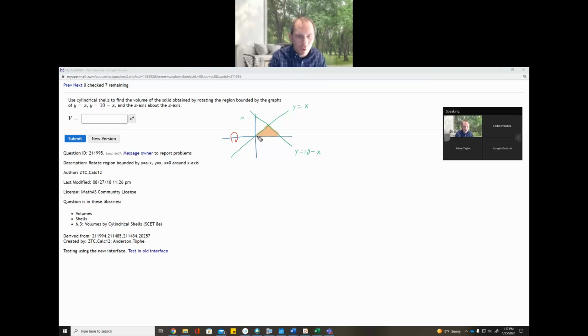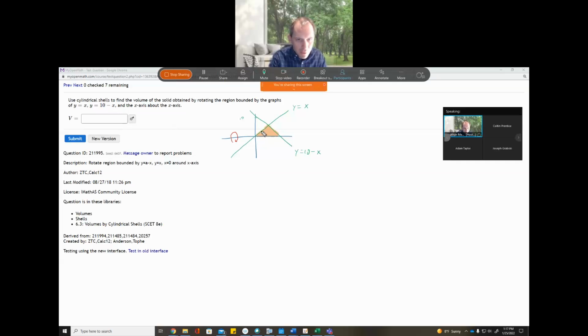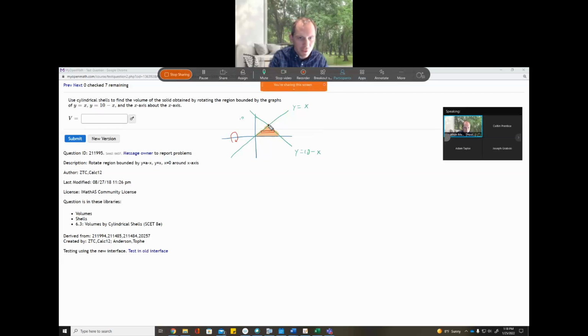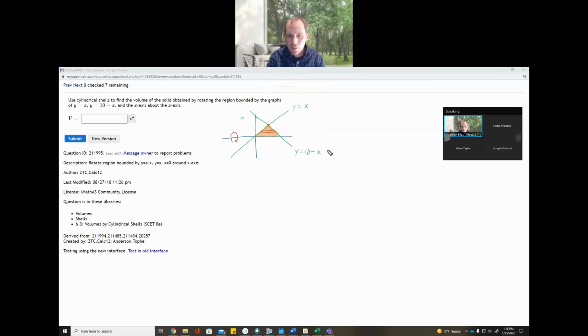Okay, so if I want to use shells, then I need to set up my rectangles going sideways so that when I rotate, they'll form a shell. Okay, so let's start by finding this intersection point. And it doesn't matter if I have these solve for x or solve for y when I find the intersection point, just whatever's easiest.